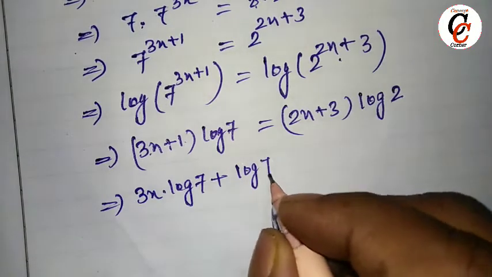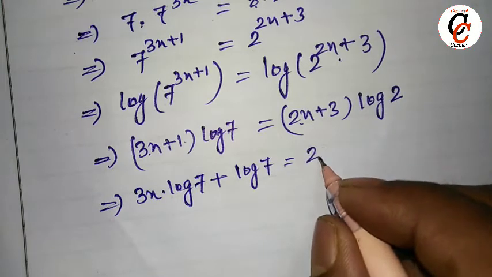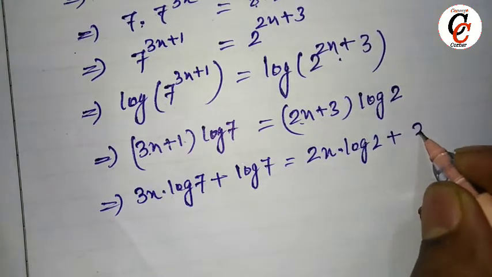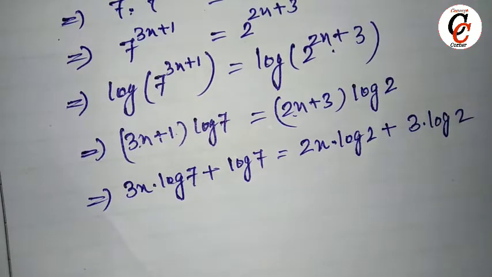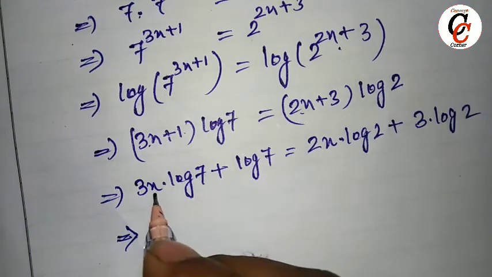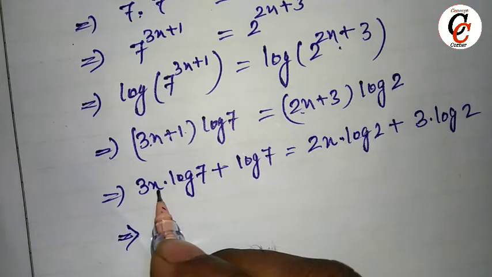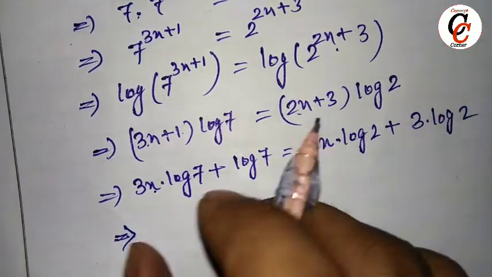So now we have to put in the values. If we break the brackets, we will get 3x into log 7 plus 1 into log 7, that means log of 7. Here 2x into log 2 plus 3 into log 2.